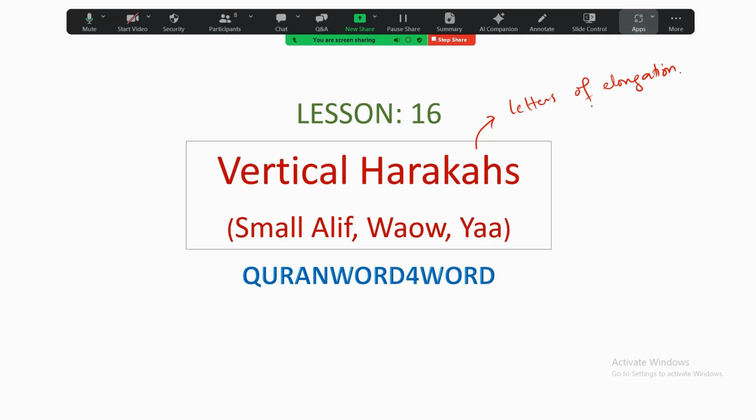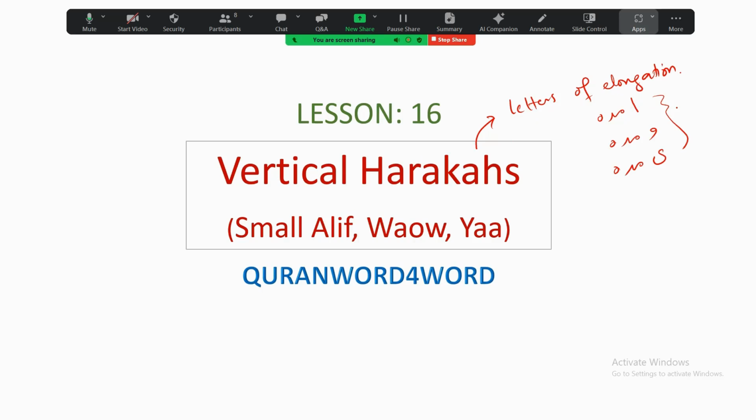We will see the difference as well. What were the letters of elongation? First of all, you should be remembering these: the alif madda, waw madda, and ya madda, the three mads which we stretch for two counts, twice the normal haraka.